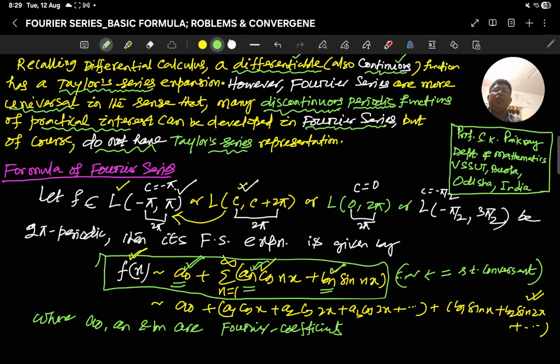Of course, prior to Fourier, the approach had been made by Euler. So it is correct to say jointly Euler-Fourier coefficients. It will be more appropriate. Euler-Fourier coefficients are given by.